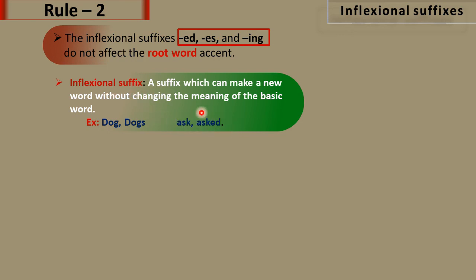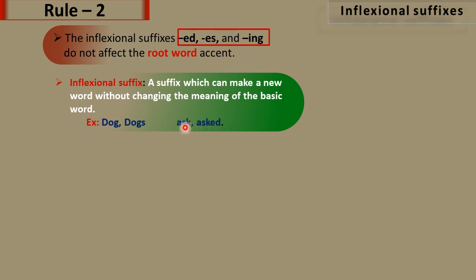In the same manner, ask and asked. Ed is an inflectional suffix with the help of which you can make a new word, but here the meaning of the basic word or the root word cannot be changed. Do you understand? Here ask provides you one meaning, and asked is also providing you the same meaning.